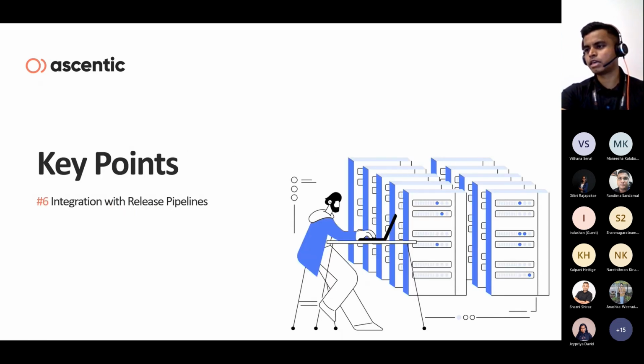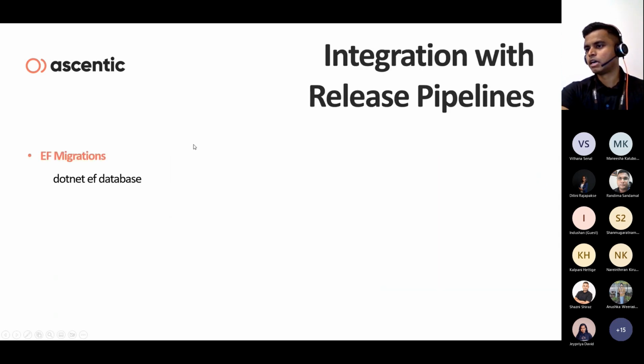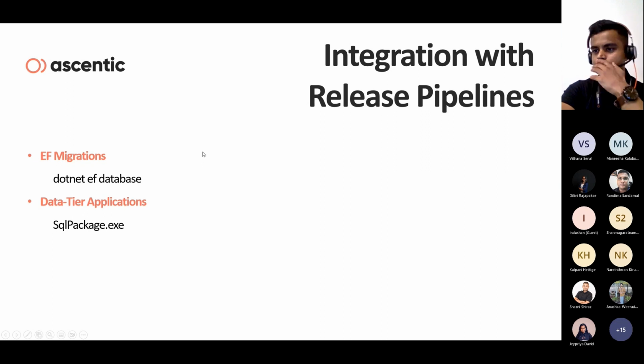The next key point is integration with release pipelines. EF Core migrations and Data-tier Applications both support release pipeline integration, but EF Core already comes inbuilt with the package of the application. For Data-tier Applications, you should use the SqlPackage CLI to migrate your database.